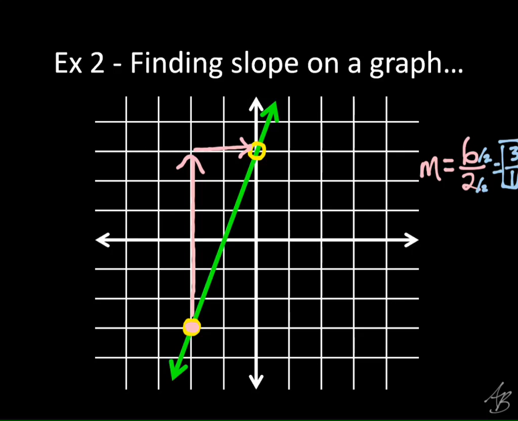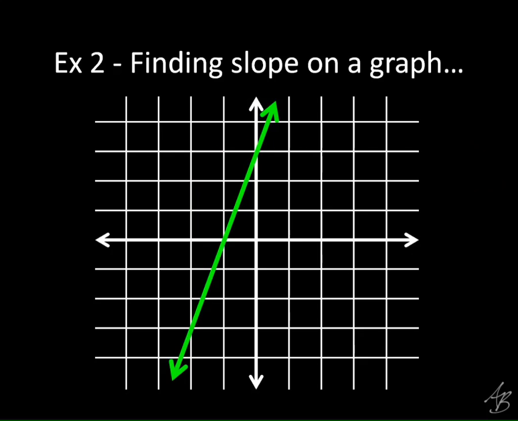We could have chosen different lattice points, and I want to show you really quick what happens if we had. I want you guys to decide whether this would be better or not. So I'm going to pick these two. The biggest difference between the ones we chose earlier and these two is that there are no lattice points in between these. These are as close as they can get, right? So when I do my rise, I get 3, and then I do my run and I get 1.